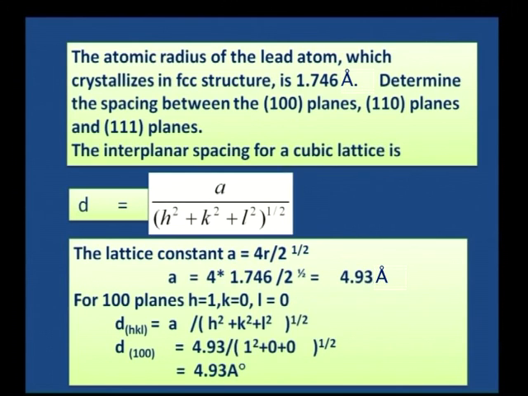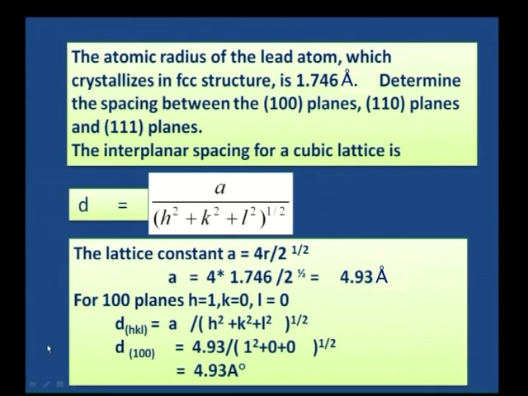Now, the atomic radius of a lead atom is given as 1.746 angstroms, which has an FCC structure, and you are asked to determine the spacing between 1, 0, 0 planes. Now, 1, 0, 0 means h is 1, k is 0 and l is 0.